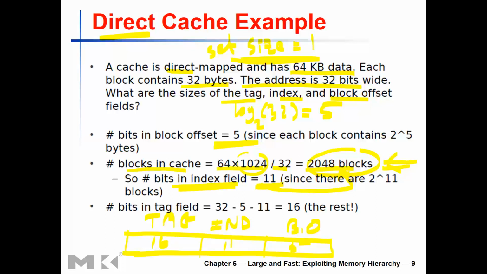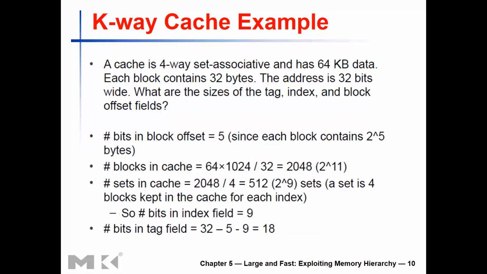As we have done in the previous example, here he is doing the same example, but instead of direct, it's 4-way. The number of bits in the block offset does not change, and the number of blocks in the cache doesn't change, but the number of sets changes, because there we divided 2048 by 1.